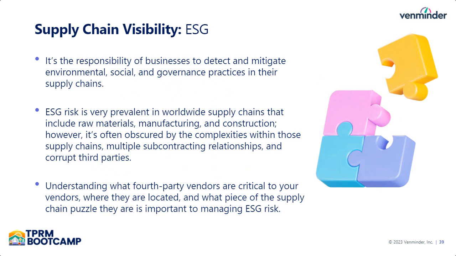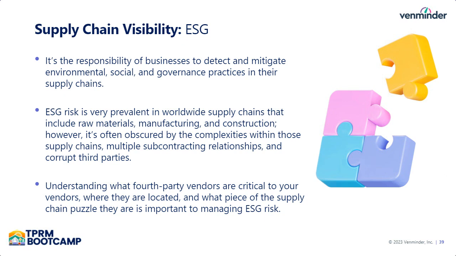As we all become more globally minded, it's really the responsibility of businesses to detect and mitigate environmental, social, and governance practices within their supply chains. ESG risk is really prevalent in a worldwide supply chain, with things like raw materials, manufacturing, construction, but it's often obscured by the complexity within supply chains, things like multiple subcontracting relationships, corrupt third parties.